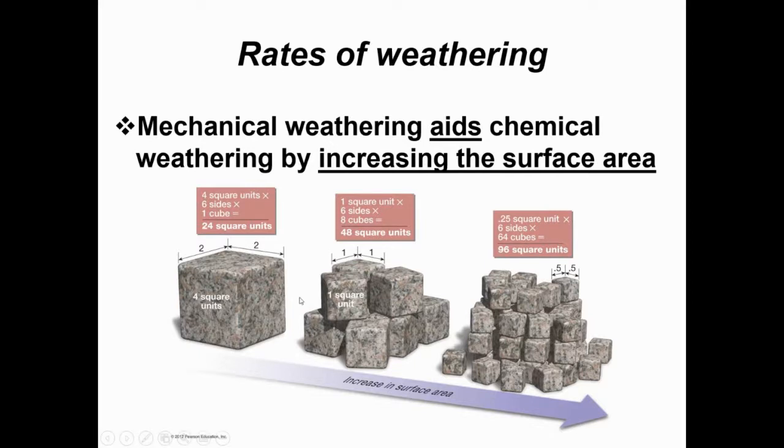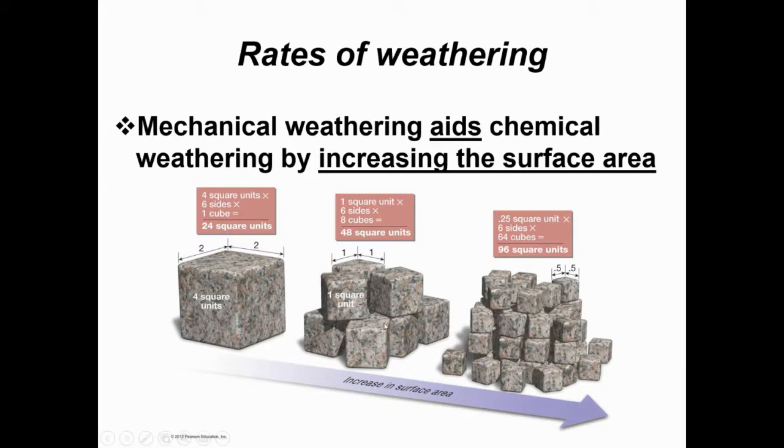Over time, you have large pieces of earth material, and as weathering and erosion occur, big chunks get broken down into smaller chunks. Those chunks get broken down into even smaller chunks. And with each step, you're increasing the surface area of the earth materials.